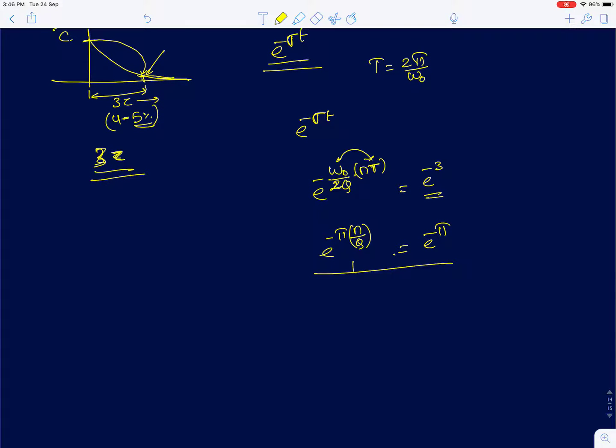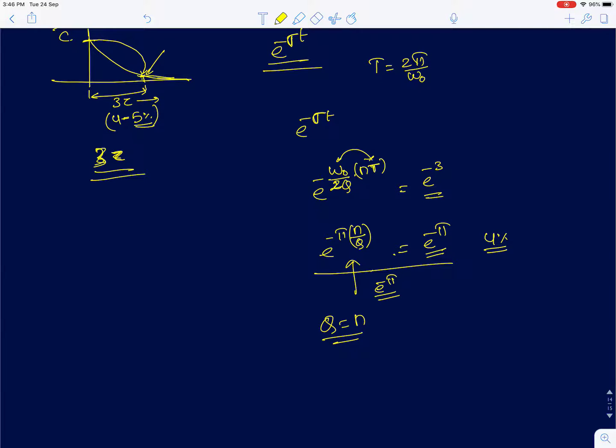So this equation tells you that if I advance by Q cycles, where Q equals n, this term will be equal to e power minus pi. What this means is, if I advance by Q cycles, where Q is the RLC tank's Q, then the amplitude of the waveform will reduce to e power minus pi, or nearly 4% of its initial value.